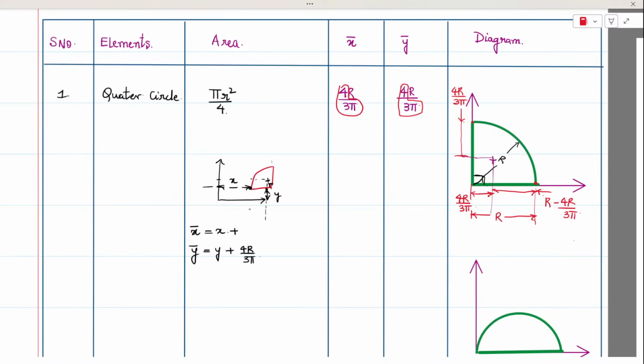But whereas in x, this distance we have marked as 4r by 3 pi, since the measurement of the centroid is done from the curvature side, x bar will be equal to x plus r minus 4r by 3 pi. You have to learn this practice of writing and measuring the centroid from different points. Only then it would become easier for you.